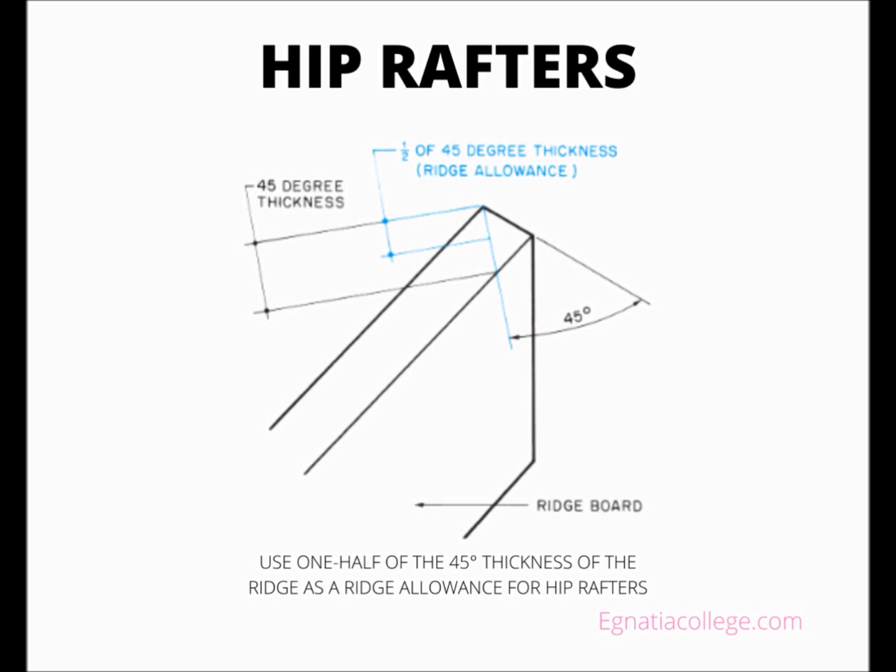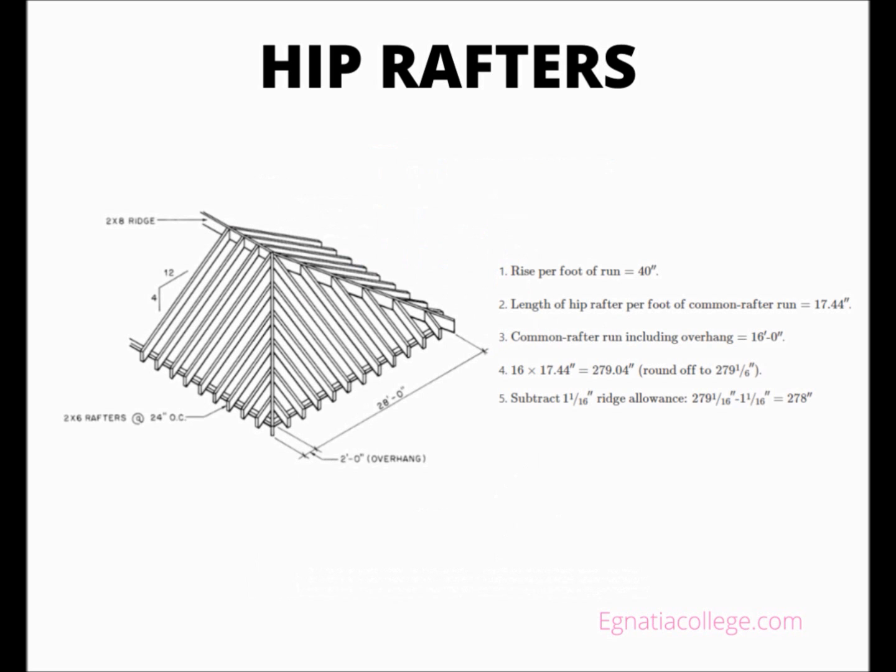Note: if the hip rafter includes an overhang, add the overhang of the common rafters to the run of the common rafters. Example: find the length of a hip rafter for the roof. 1. Rise per foot of run is 40 inches. 2. Length of hip rafter per foot of common rafter run is 17.44 inches. 3.